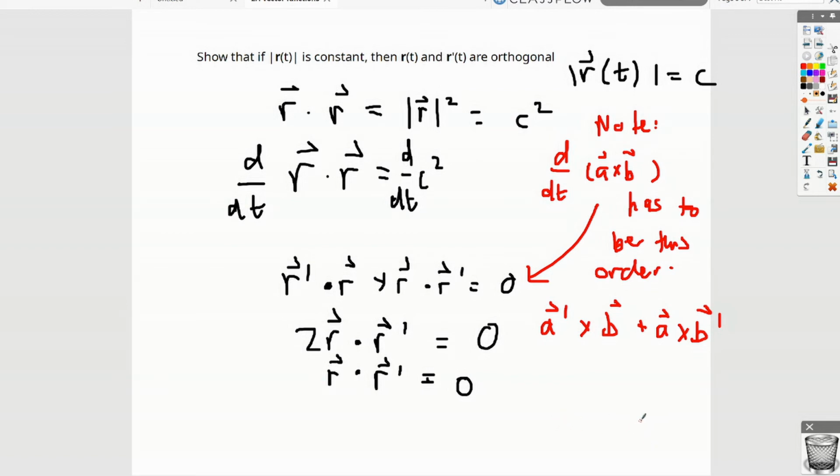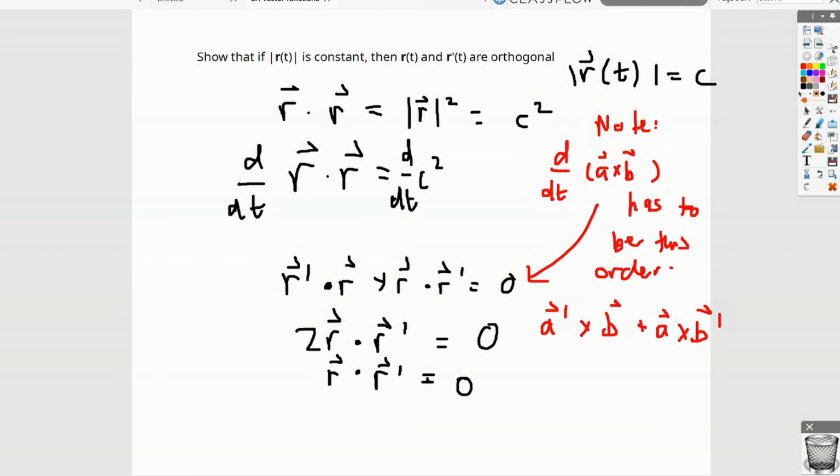So we don't want that. So a prime cross b plus a cross b prime has to be exactly in this order. If you learned it as f prime g plus g prime f, then you're in trouble. If you learned it as f prime g plus f g prime, then that is the correct order.